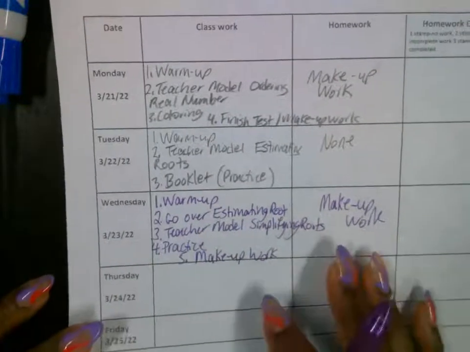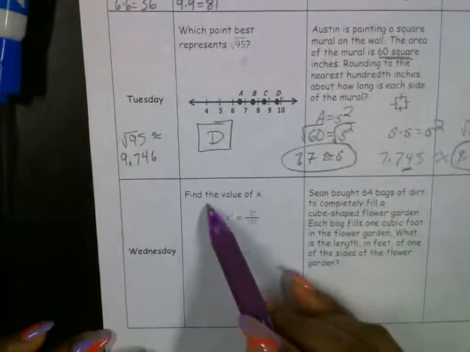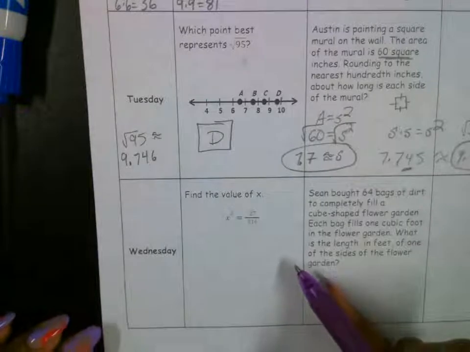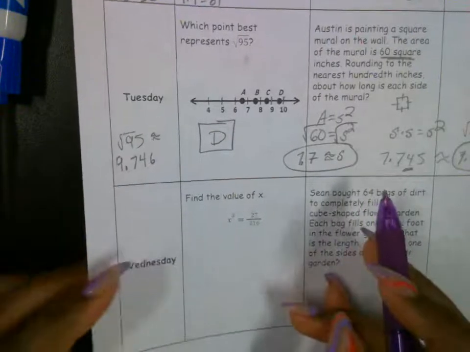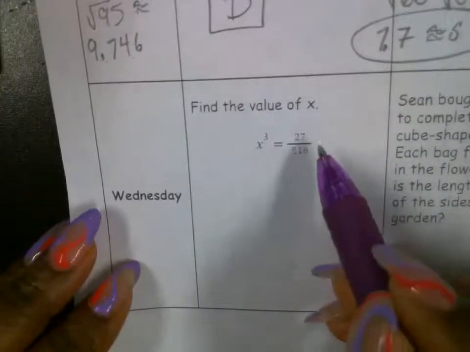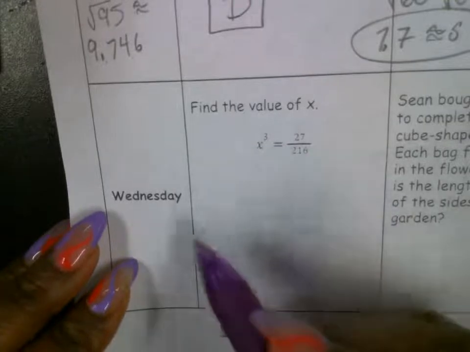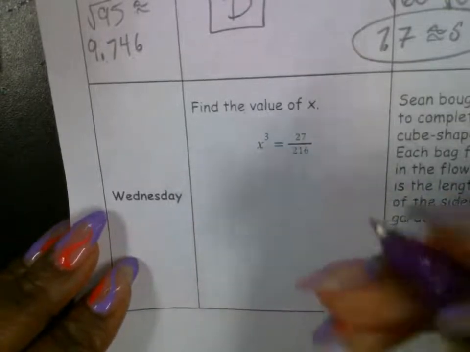All right, let's look at the warm-up. It says find the value of x. This is x to the third power here. In order to get rid of the third power, the opposite or the inverse of cubing a number is cube root.